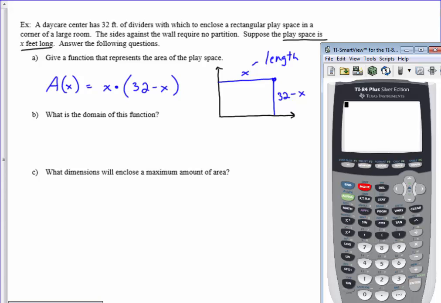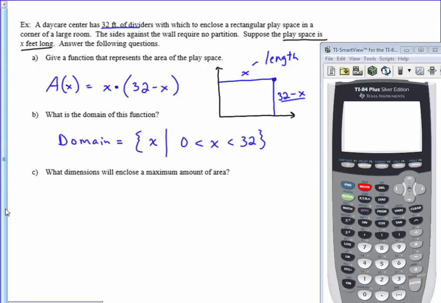We also know that because we only have 32 feet of dividers, the most the length could possibly be would be 32. However, if it were actually 32, we wouldn't have anything left for the width. And so I would write my domain as the set of all x values such that x is between 0 and 32, not including either one of those.